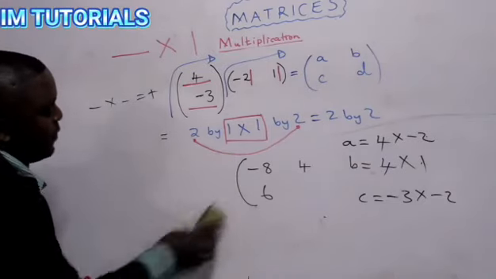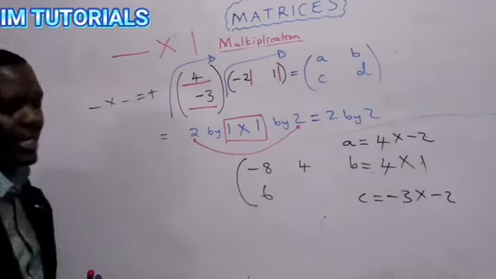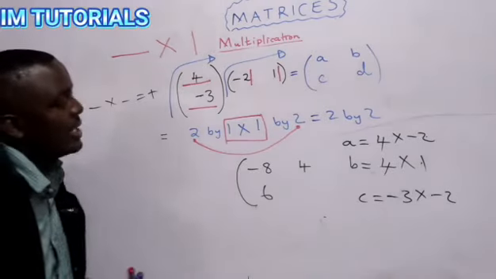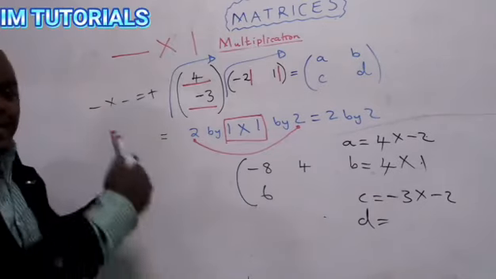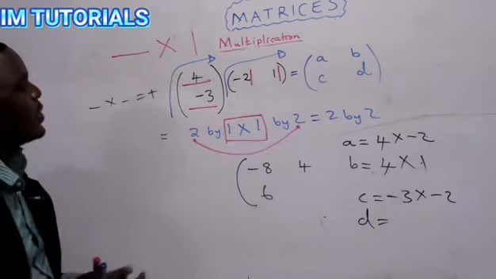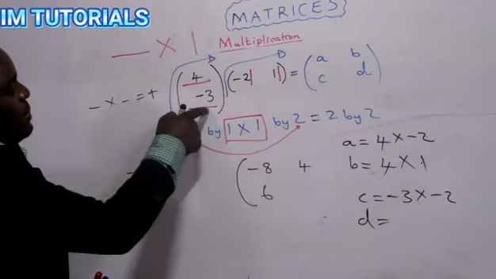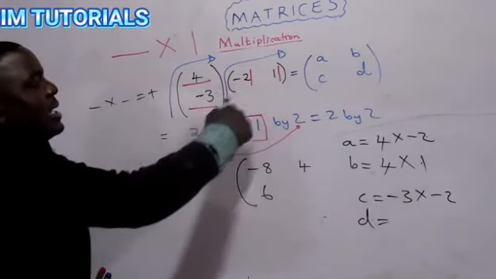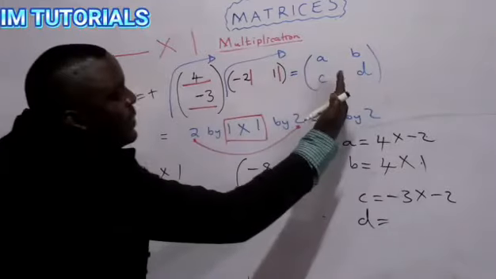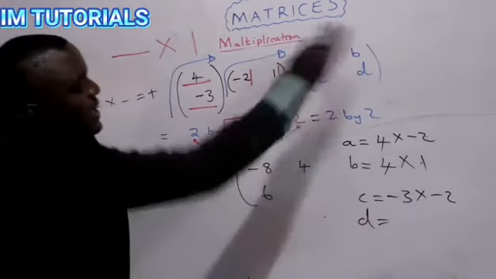I hope the information is sinking right into your veins. Then move on to D. D is a letter below, right? So you take minus 3, the bottom row, then you multiply it with 1 in the second column, since D is located in the second column.